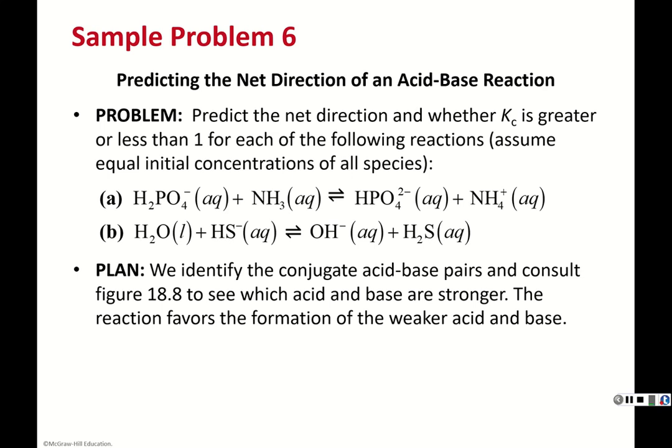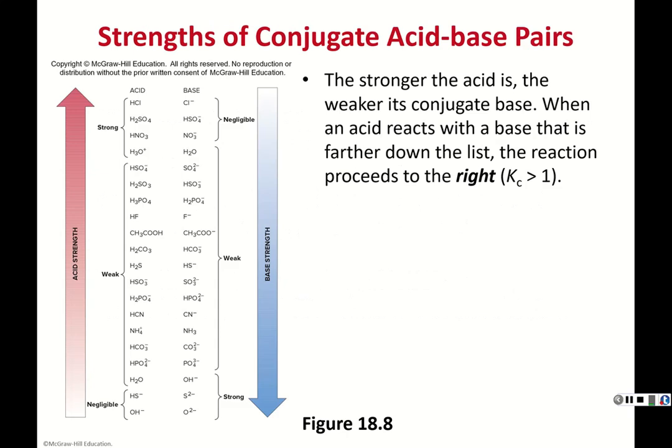Just in terms of acid first, H2PO4 minus and NH4 plus. If we look back on this list, H2PO4 minus is here, and NH3... excuse me, NH4 plus is what I'm looking for.